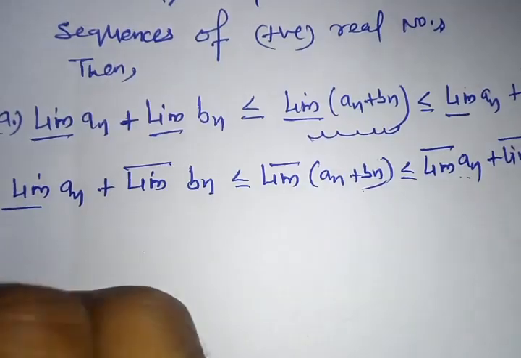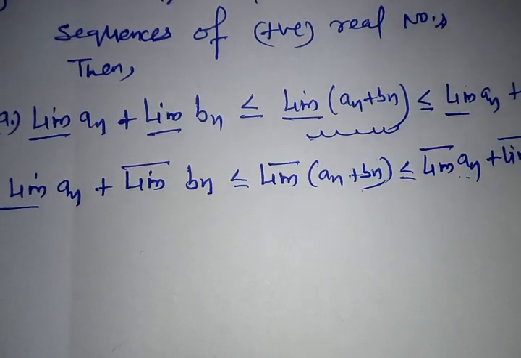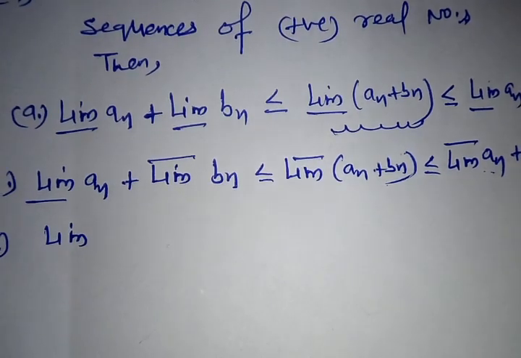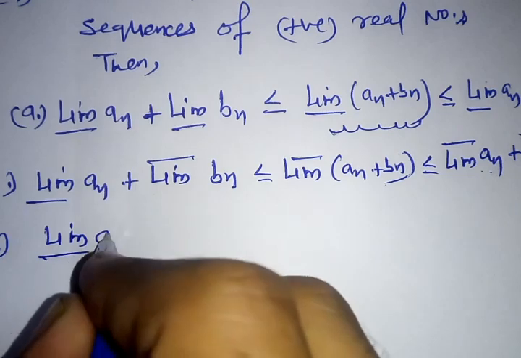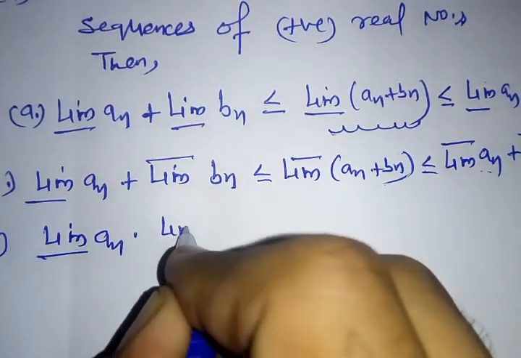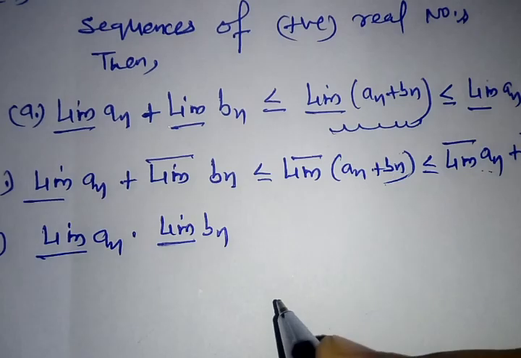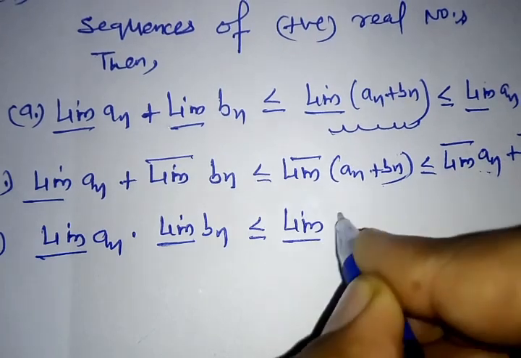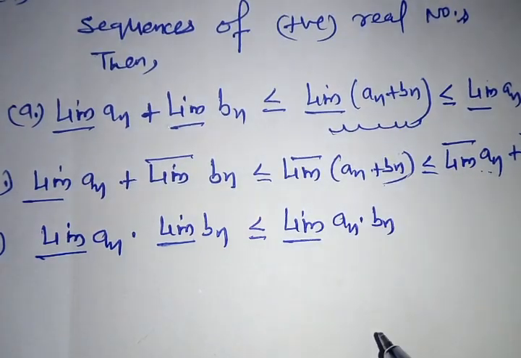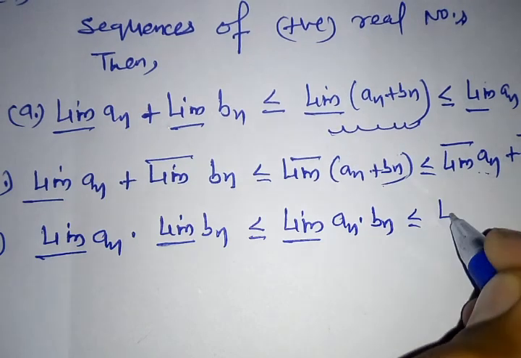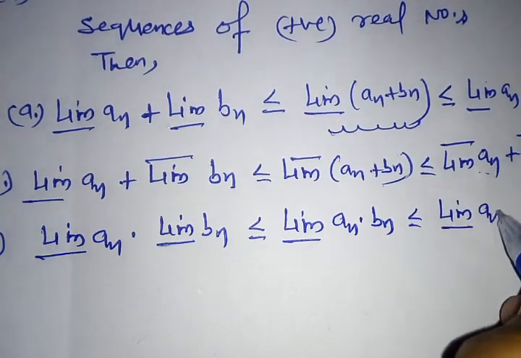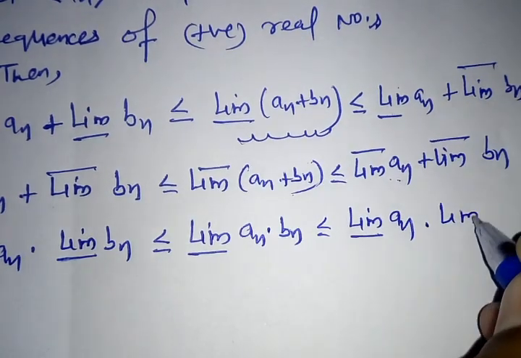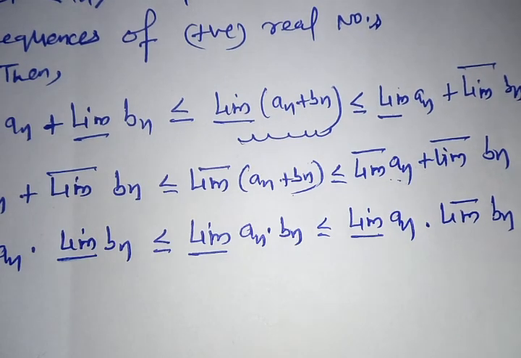Part c: limit inferior of an into limit inferior of bn is less than or equal to limit inferior of an into bn, which is less than or equal to limit inferior of an into limit superior of bn.